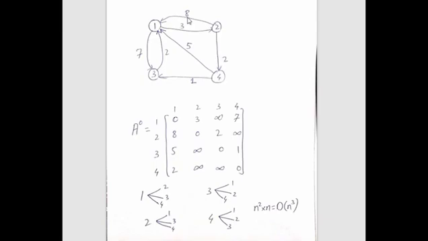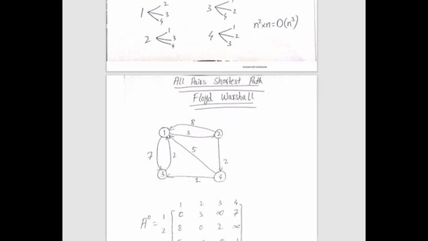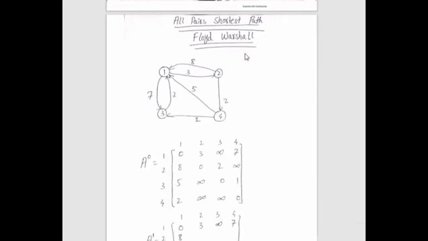Now let us see. We will use this matrix, that is our zero matrix, or the A naught matrix, in order to draw our further matrices. Like we have drawn our matrix A1 here, right?